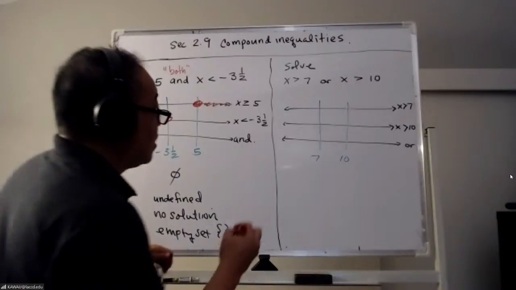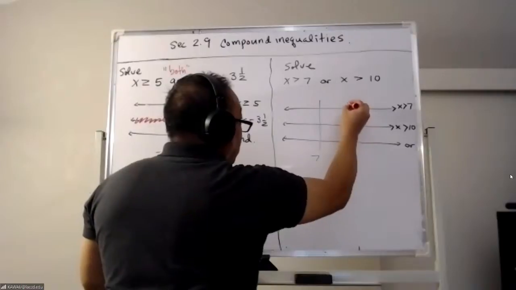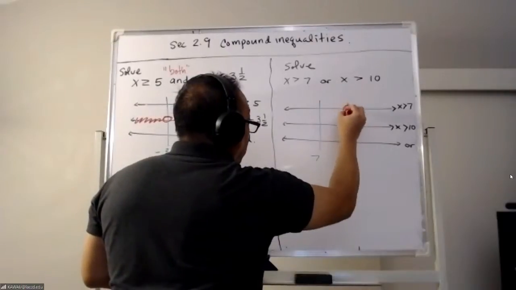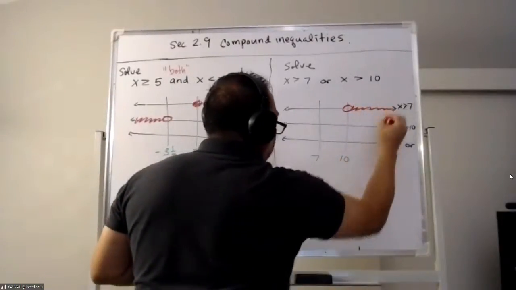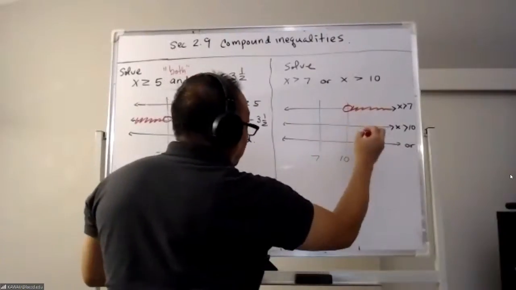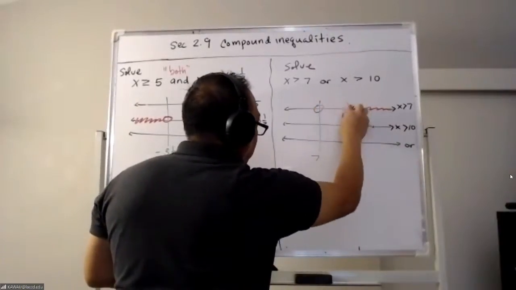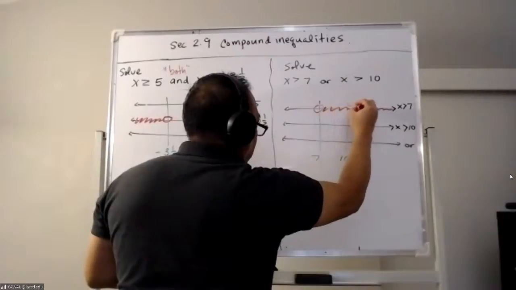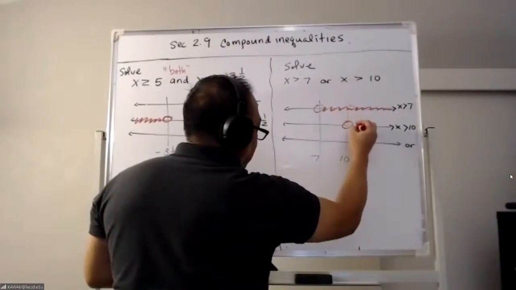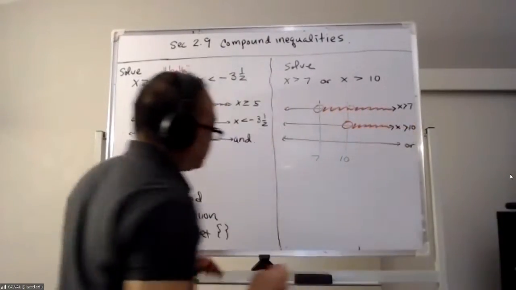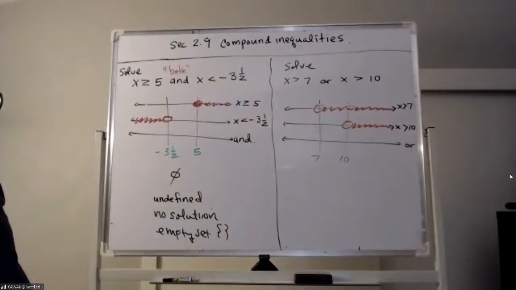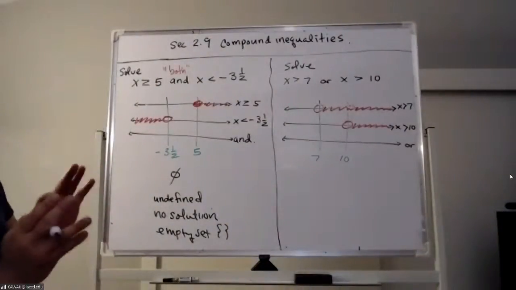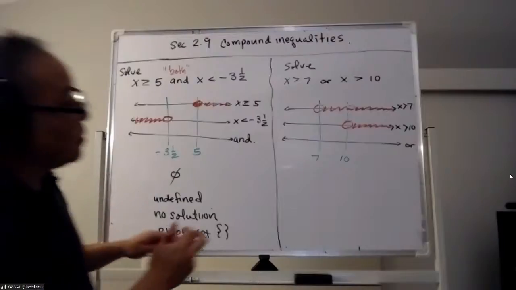Okay. So this is greater than 7. I'm sorry, greater than 7 is here. So my bad. And this is greater than 10. Now, or means at least one.